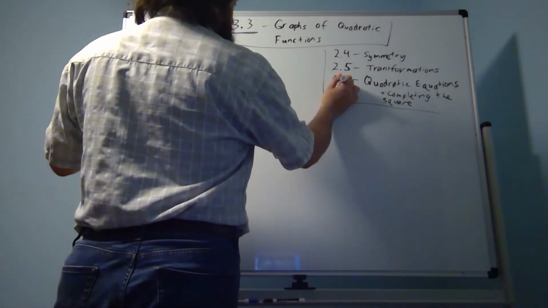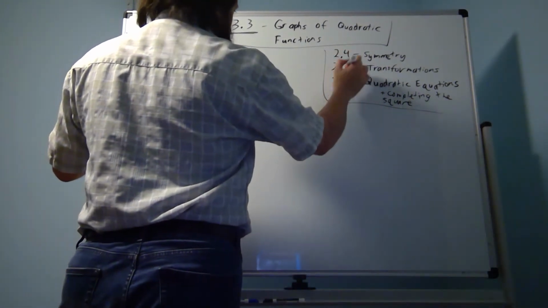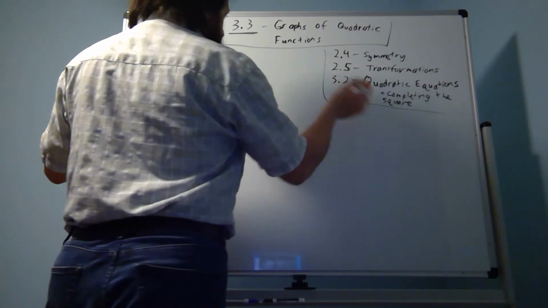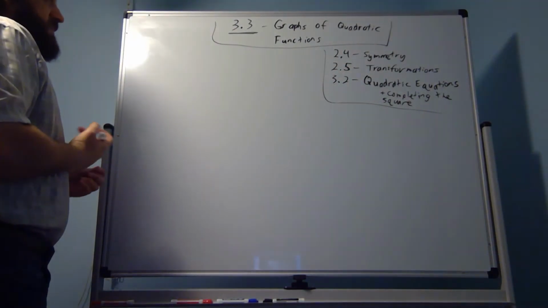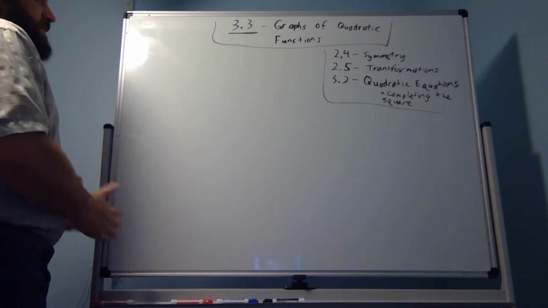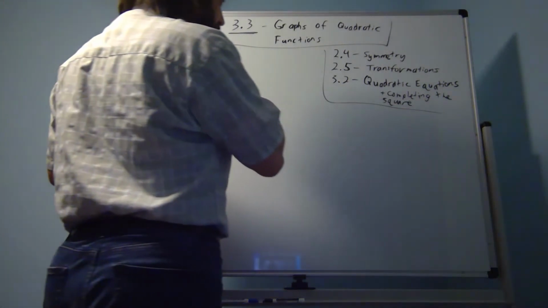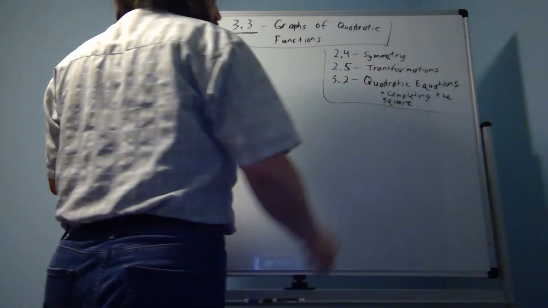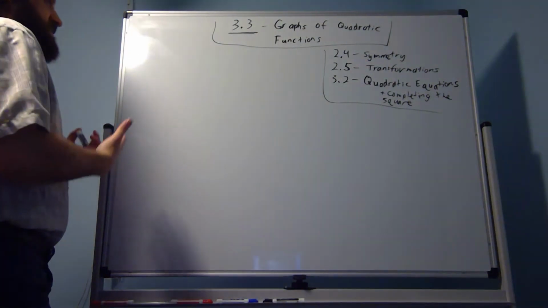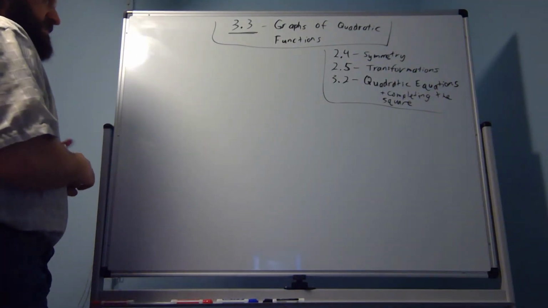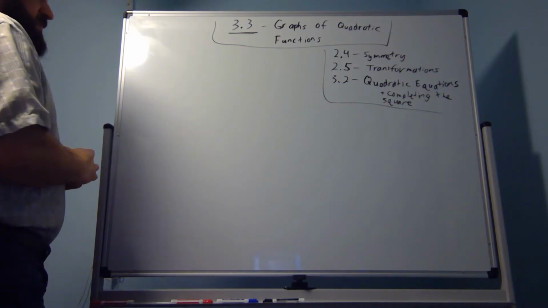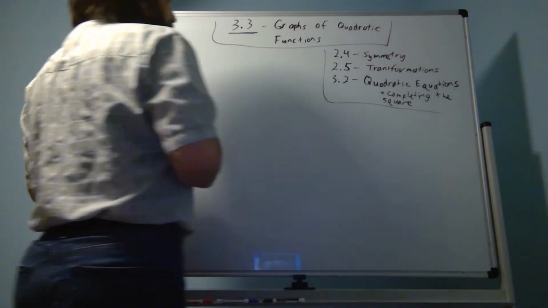It's not at all uncommon for something in physics to be represented by an x squared or some transformation of y equals x squared. You should be familiar already with the fact that your basic parabola has some symmetry, and we worked pretty hard on 2.5.